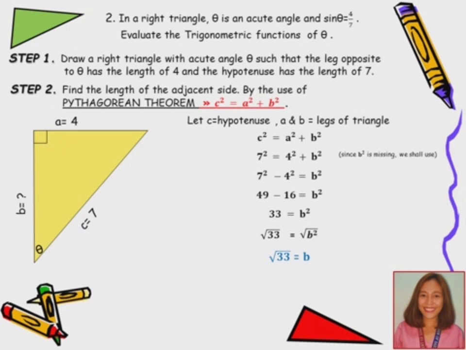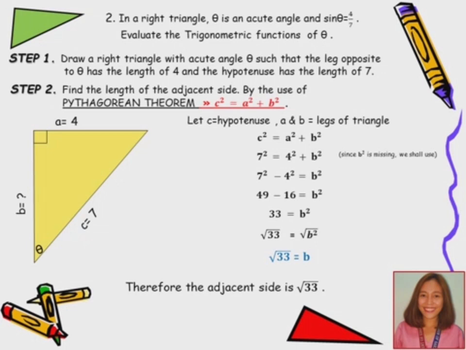Then that's it. Therefore, the value of our side b is square root of 33. So, the adjacent side is square root of 33.